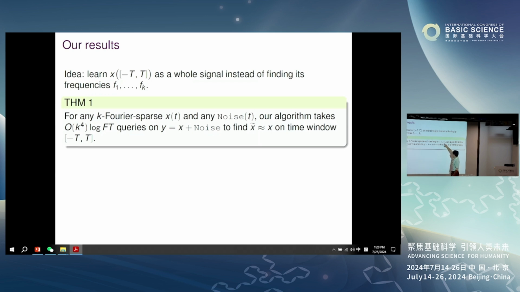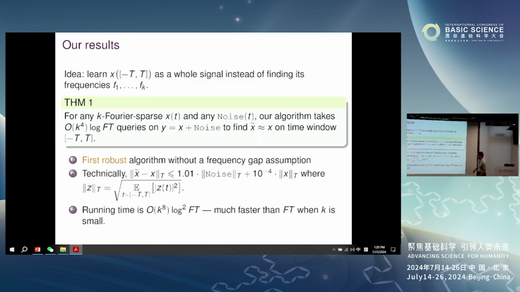But this x tilde is just the approximation of x on the time window from -t to t, because the query access of y is also in the same time window. So we will only guarantee the approximation in the time window. Some remarks: to the best of my knowledge, this is the first robust algorithm without a frequency gap assumption.